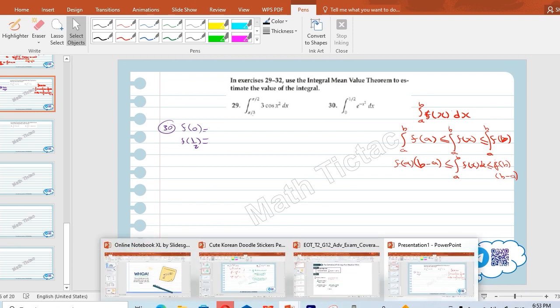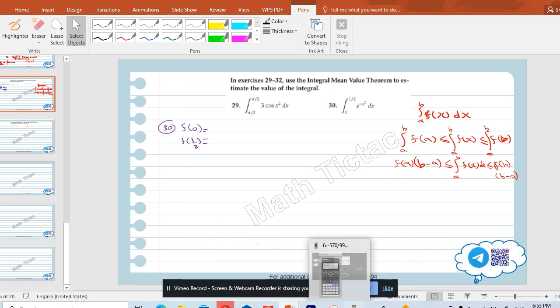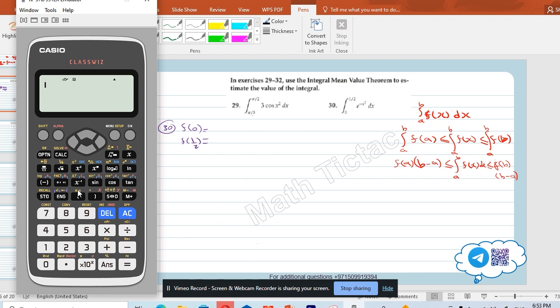Over here I need the calculator. The function is e to the power minus x squared, so I will calculate at 0. This is going to be equal to 1.